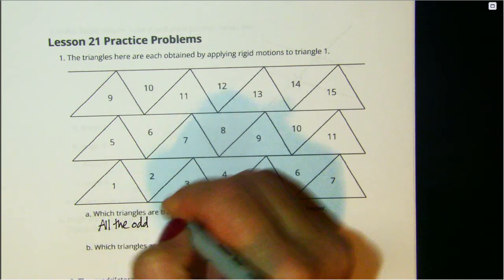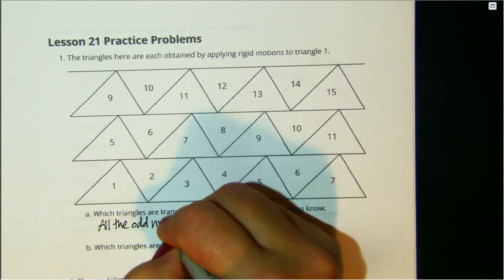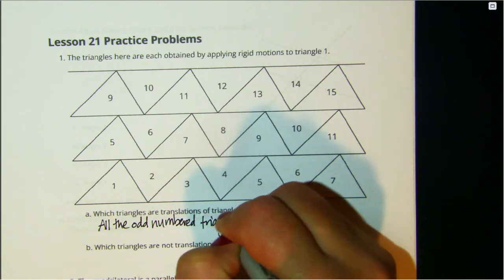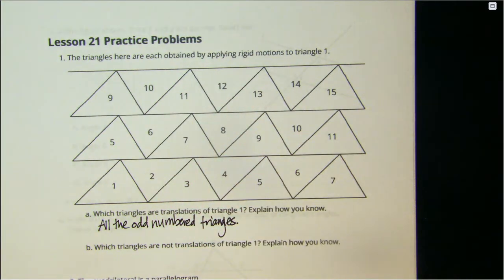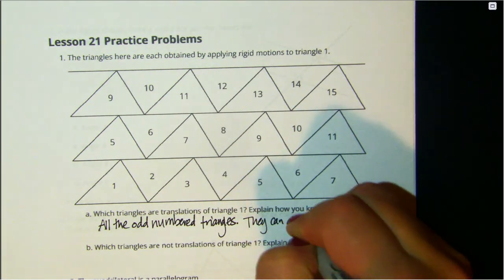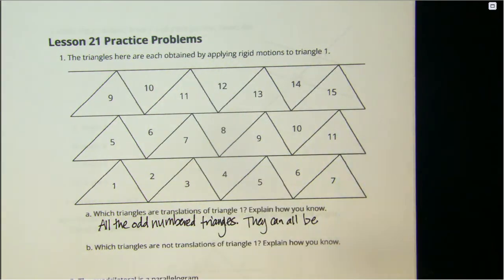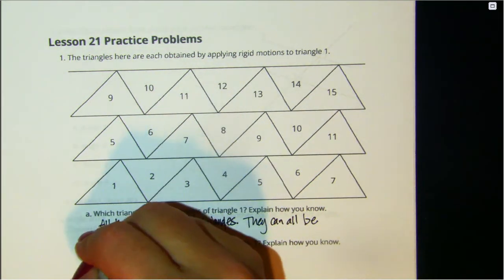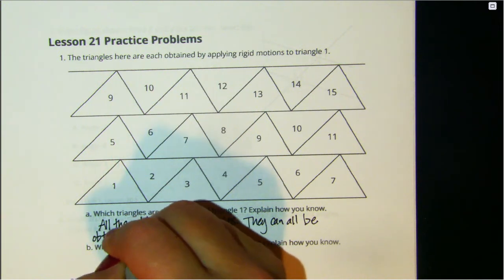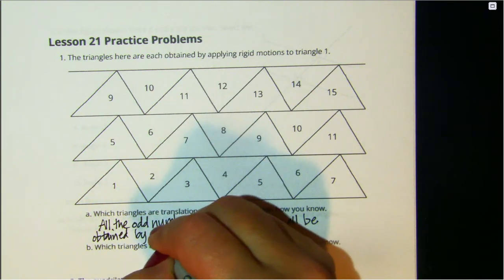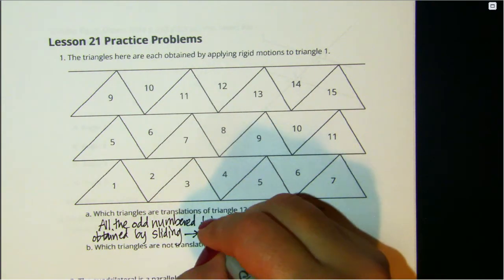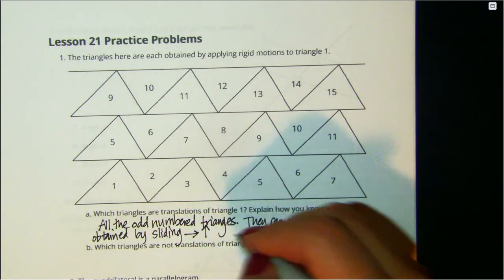All the odd numbered triangles. Explain how you know. They can all be, I don't know if this is obtained by sliding. Sometimes you have to slide this way, sometimes you slide that way, or you could do a combo of both.